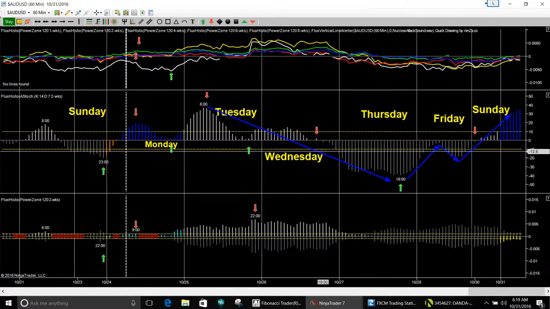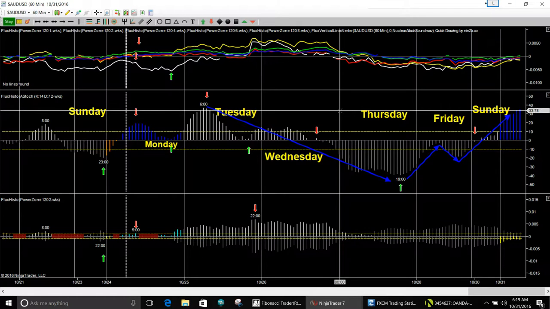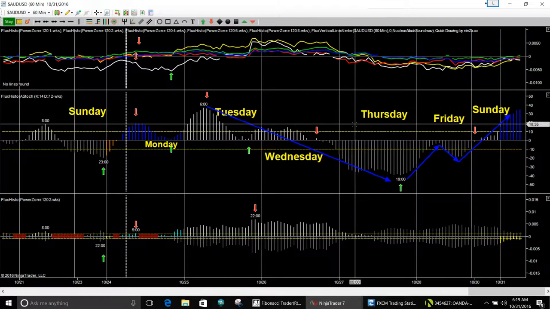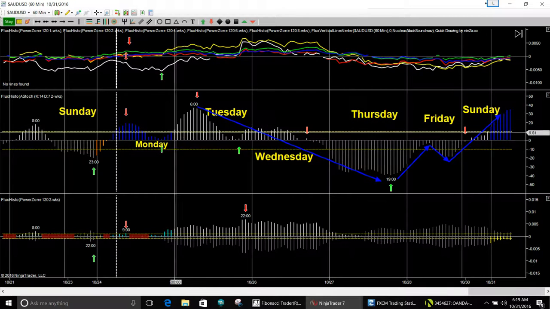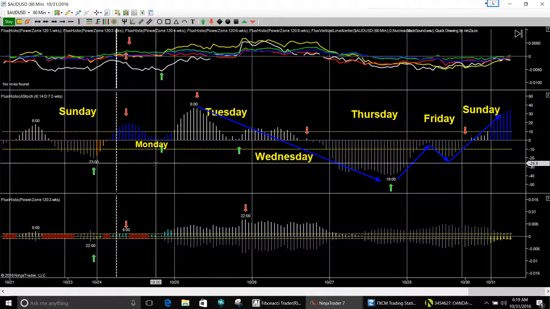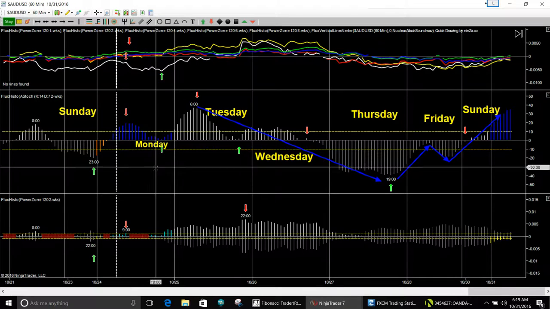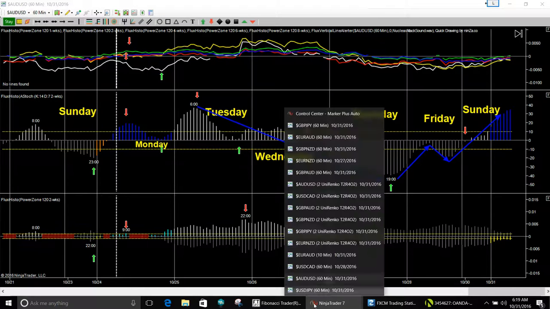Okay, so my trade ideas are 5 days in advance. Matter of fact, the Aussie looks like it's trying to go up now, but we'll see. All right, so that's the Aussie US dollar.